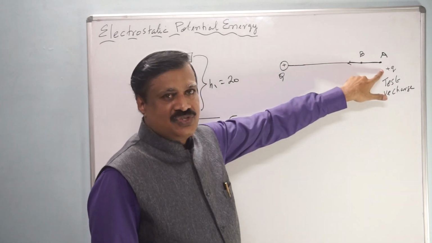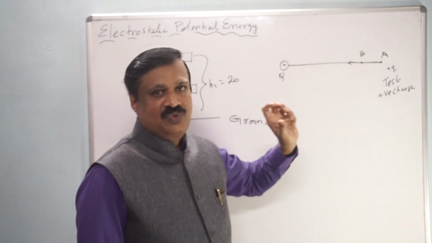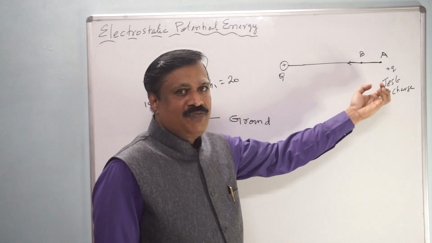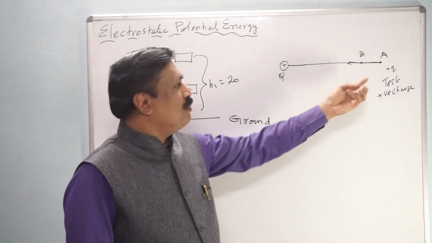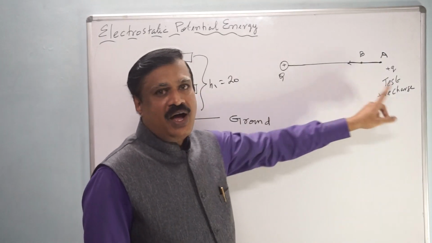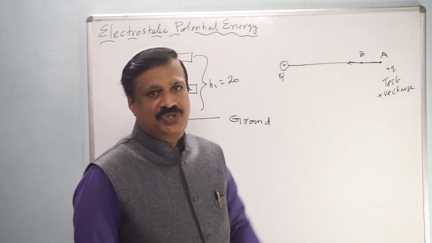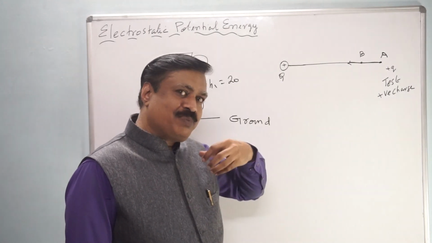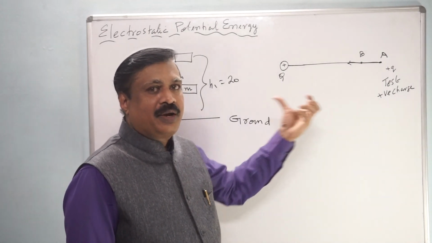Let it be at position A first. Now you are moving the positive point charge from A to B. This source charge is positive and your test charge is also positive. That means as per Coulomb's law, both will repel each other.